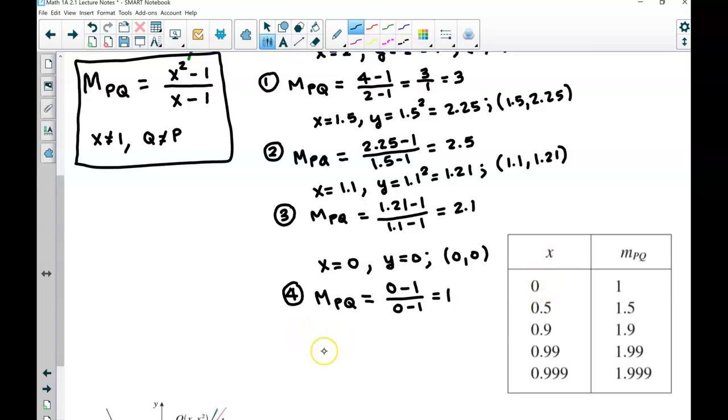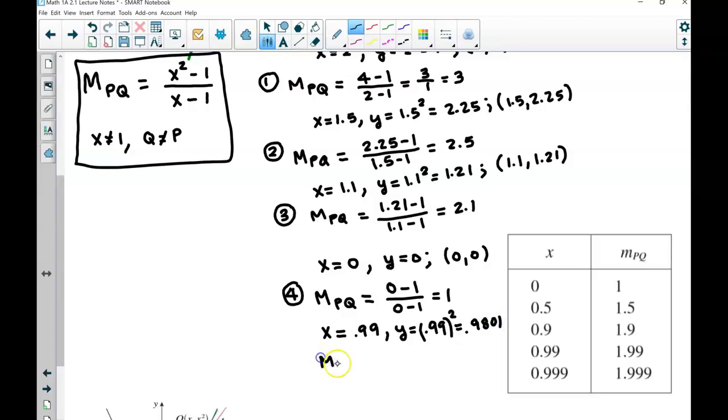Okay, and let's do one more. Let's see what happens when x is equal to 0.99. So when x is equal to 0.99, y is going to equal 0.99 squared, which is 0.9801.